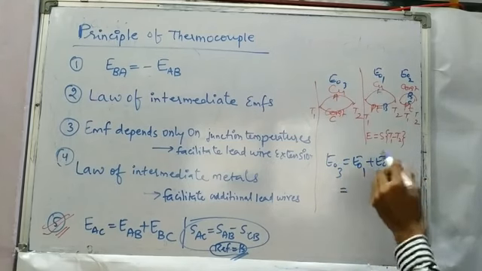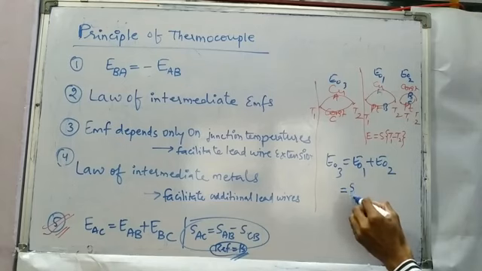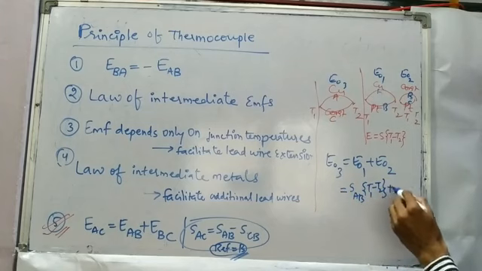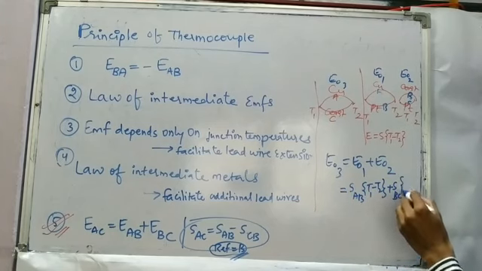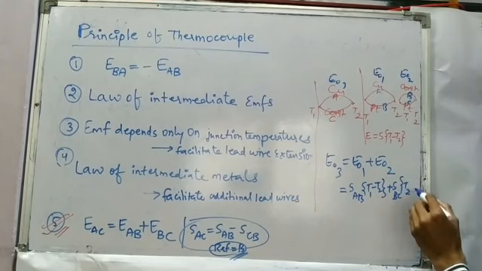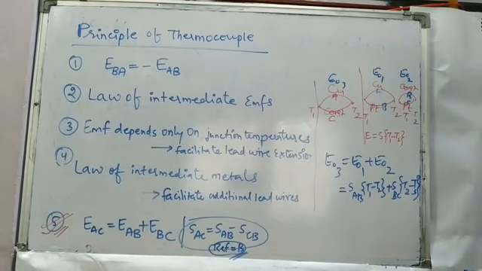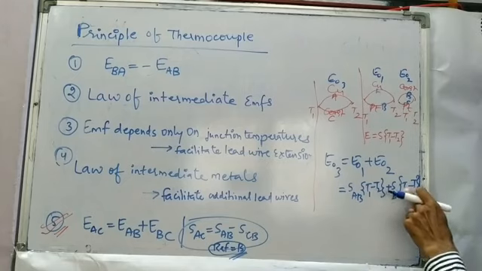So E01 will be sensitivity of AB into T1 minus T2 plus sensitivity of BC into T1 minus T2.